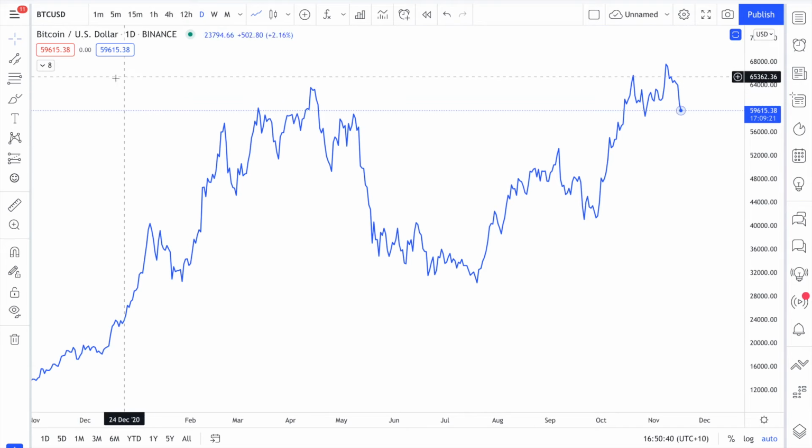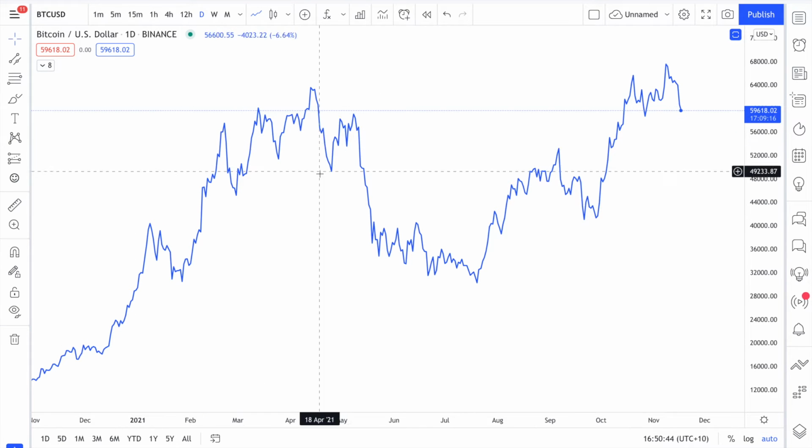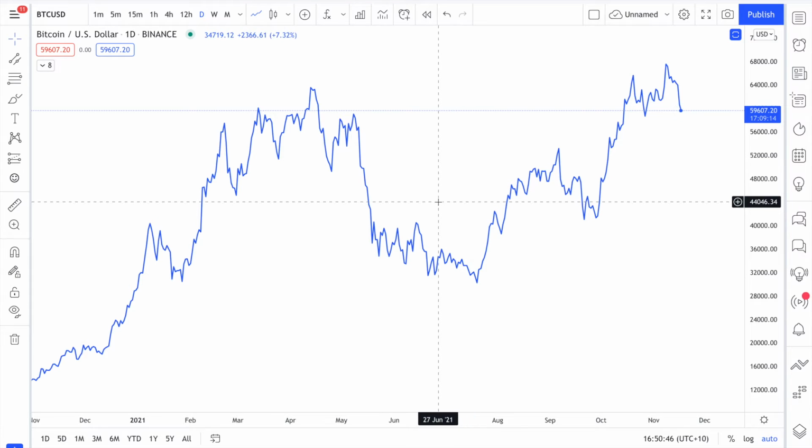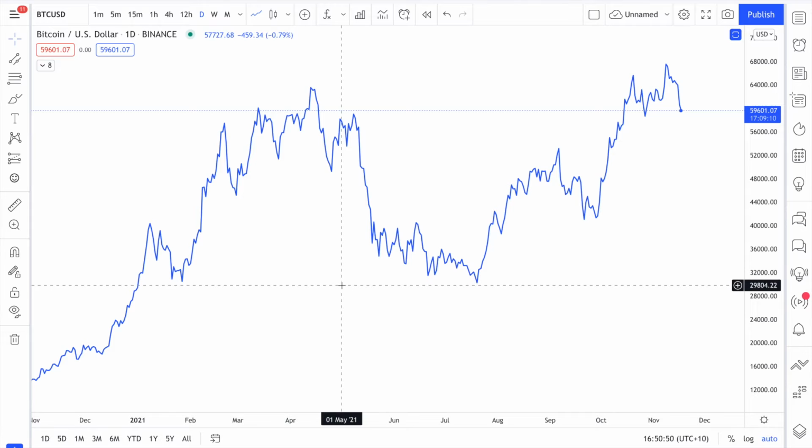But as soon as we put different tools in, it gives us different information on what, in this example, the cryptocurrency Bitcoin is actually doing, where it could potentially head from here, what it's done in the past, and gives you all this different information that you can take into account to make your decision on what you're going to do, whether you're going to enter a trade, whether you're going to buy a long-term position, whether you're going to short it. There's all different things that you can get from it.